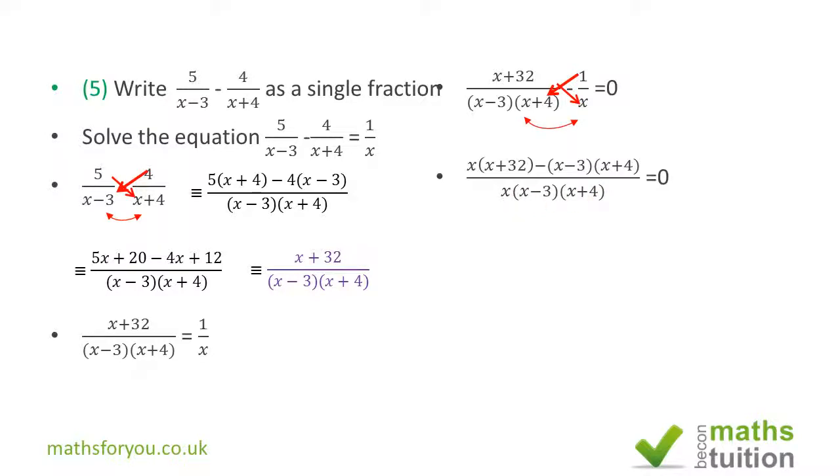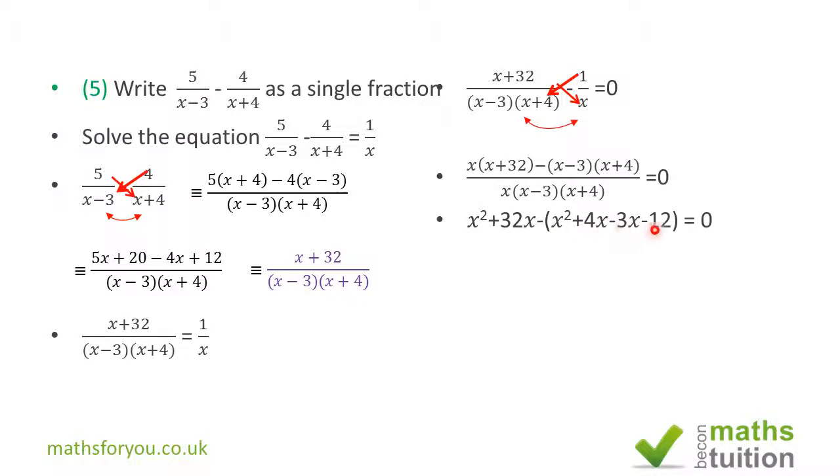Now, if we multiply both sides by x into x minus 3 into x plus 4, we end up with this here, because when you multiply that by 0, you end up with 0. So now, if we open up our brackets, we end up with x squared plus 32x minus x squared plus 4x minus 3x minus 12.